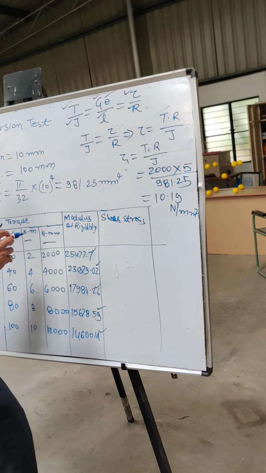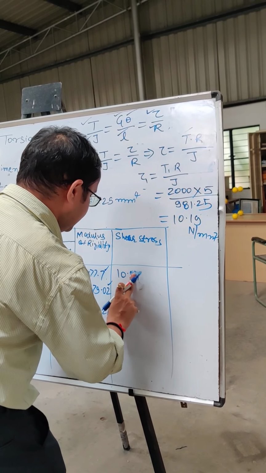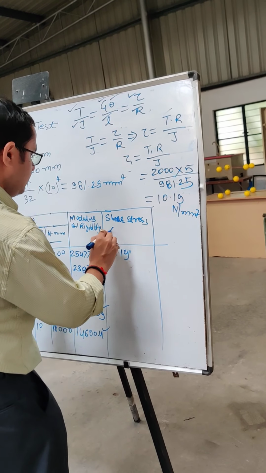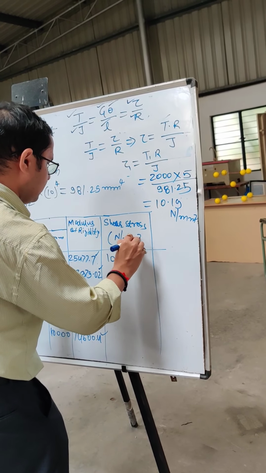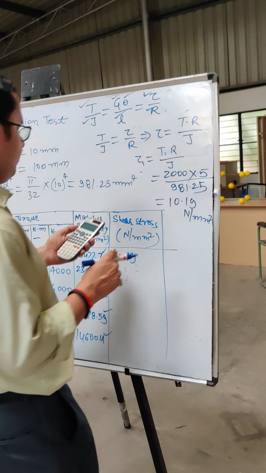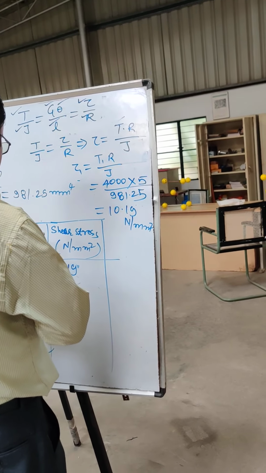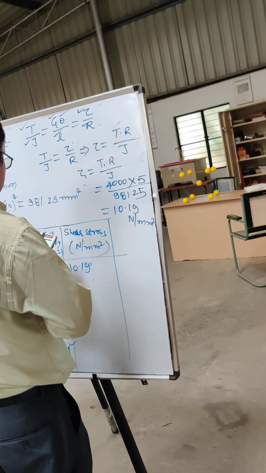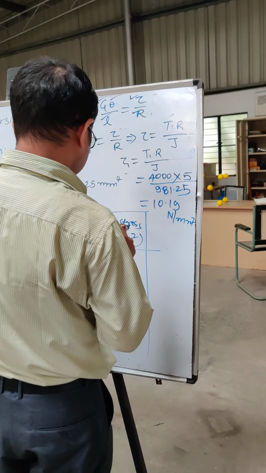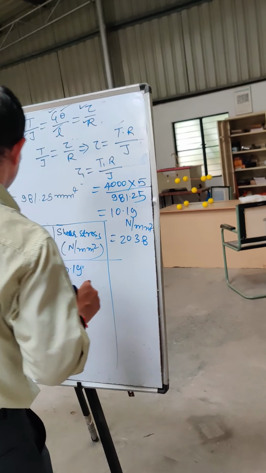Next, tau 2: we just have to change to 4,000. For 4,000, it is 20.38.